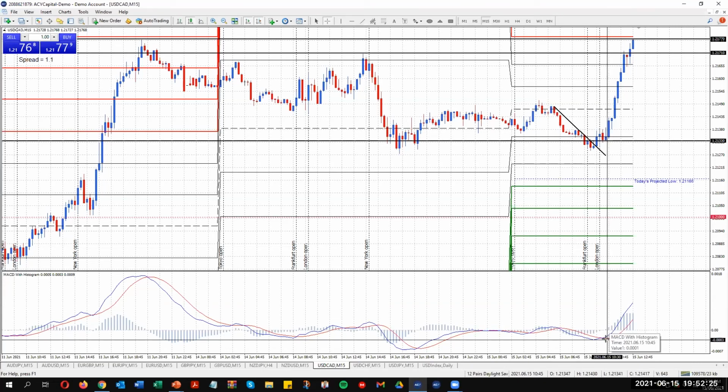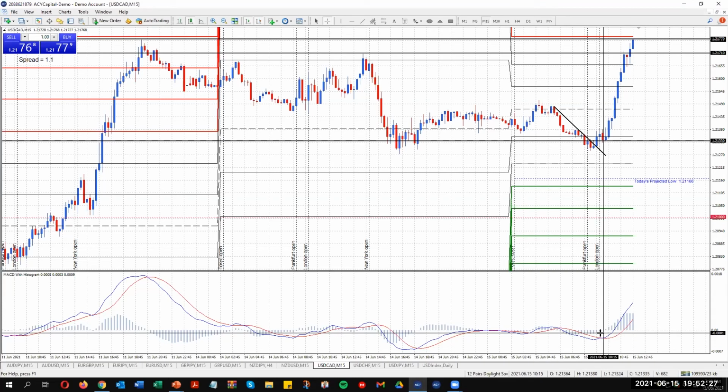We get a cross. Now, if you're just looking at the histogram here, these blue bars, you've got a cross of the MACD up when you have a blue bar above the horizontal. Cross down is when you have a blue bar below the horizontal.